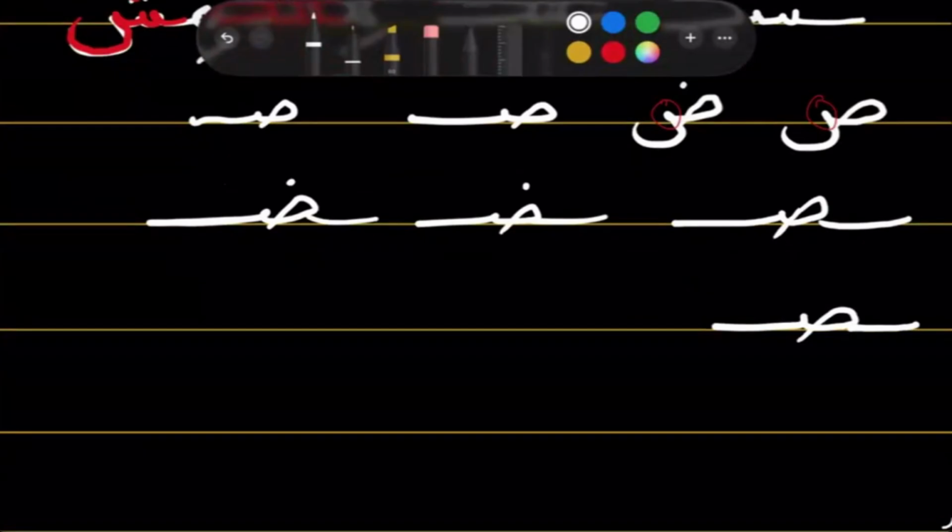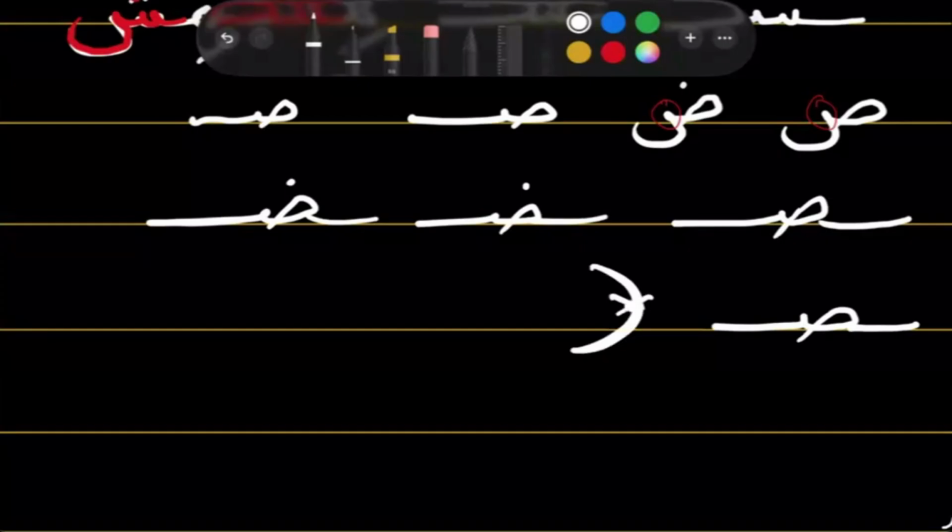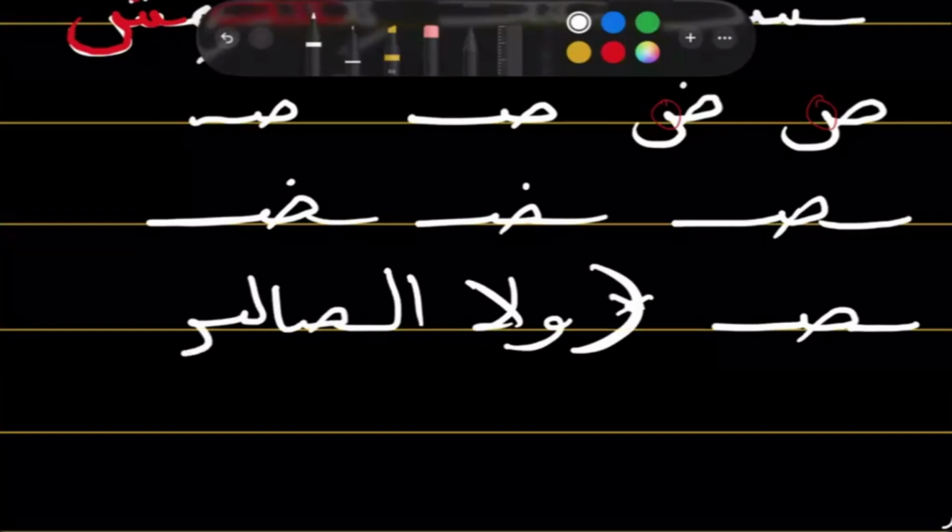So in Al-Fatiha we say wala dallin. Here's the bod connecting from the letter before it, then connecting to the letter after it.